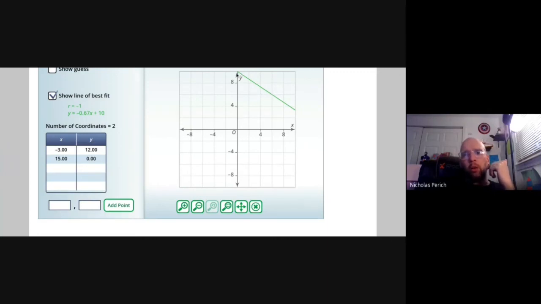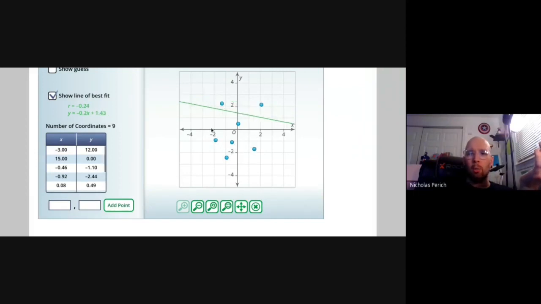I go down 4, I go over 6. So my slope is down 4 over 6, negative 2 over 3. Or you can zoom in and move around and get that same exact information. All right, what did I do? Oh, I'm accidentally adding points.